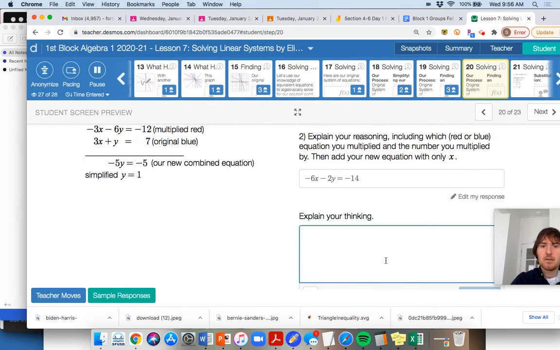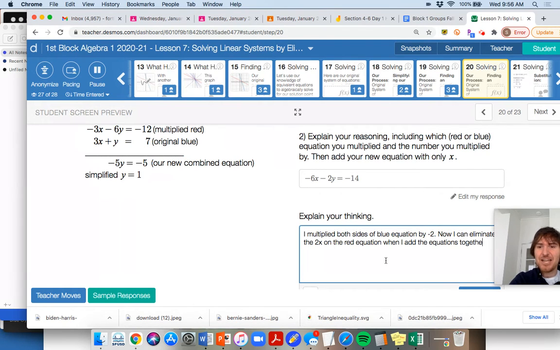Explain your thinking: I multiplied both sides of the original blue equation by negative 2. Now I can eliminate the 2x on the red equation when I add the equations together.